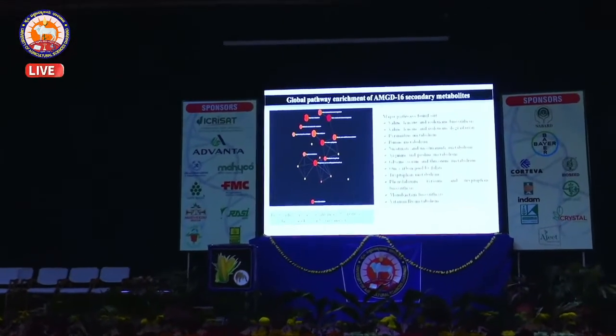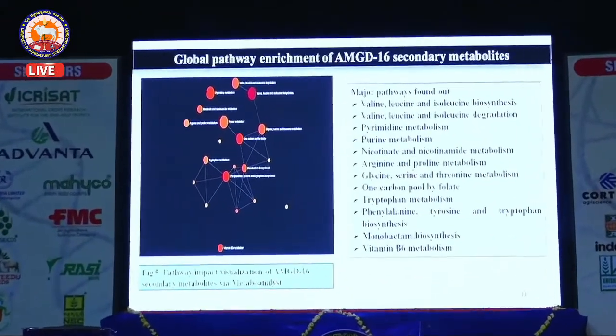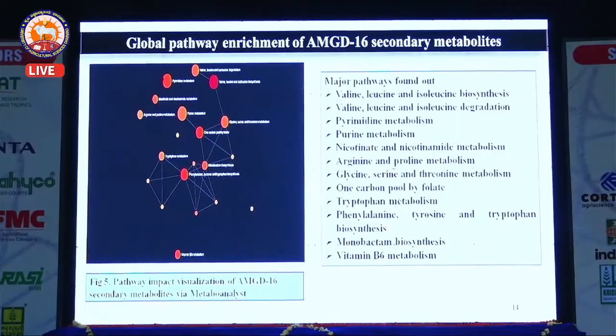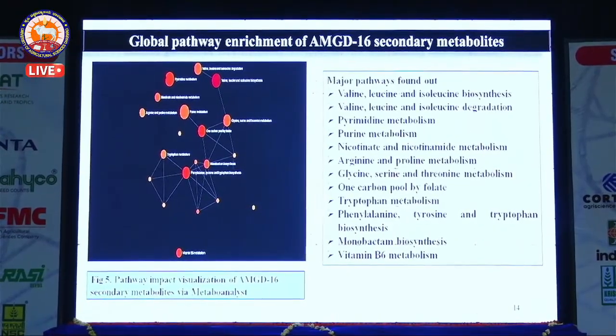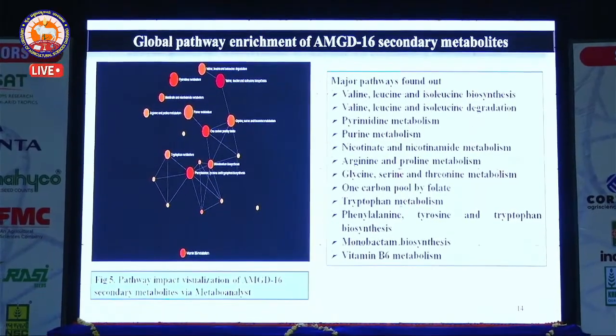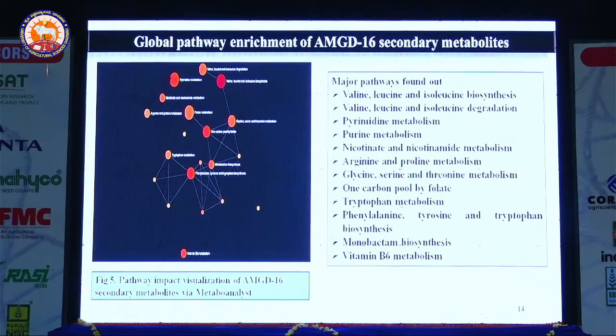In order to understand which pathway each metabolite belongs to, global pathway enrichment analysis was done, and each bubble represents different pathways. The major pathways were found as valine, leucine, isoleucine biosynthesis and degradation pathway, pyrimidine metabolism, purine metabolism, and tryptophan metabolism. They all have different roles in plant growth promotion and also microbial suppression.